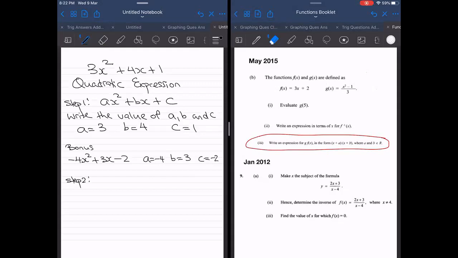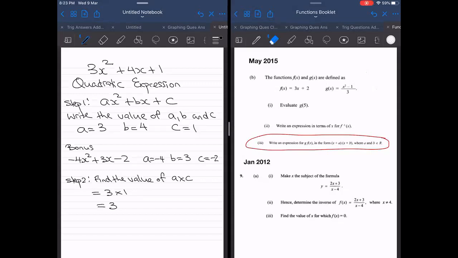Then step two, find the value of A times C. Right? So in our case, that would be 3 times 1, which is 3. Right?